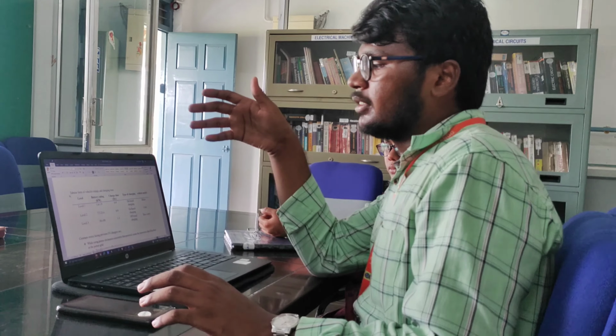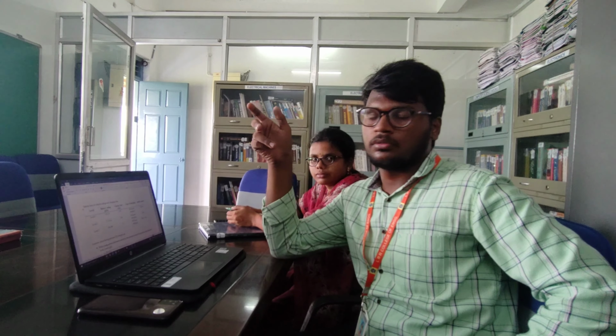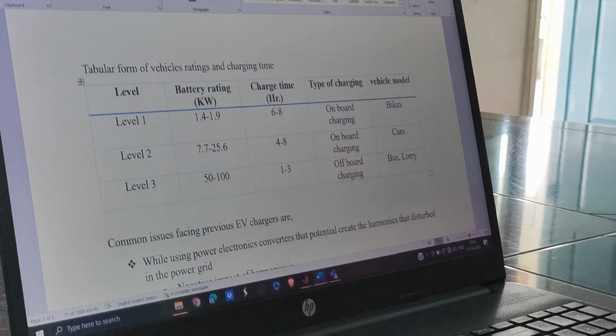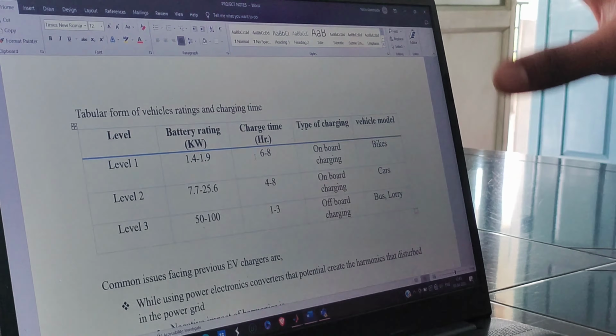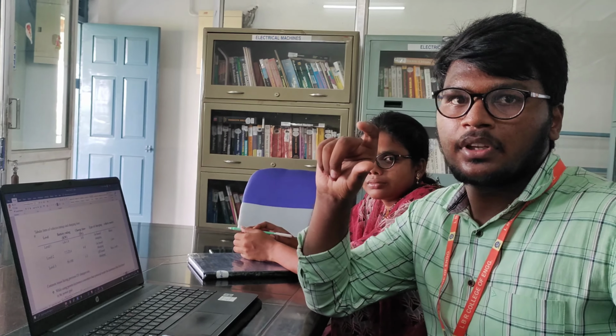For level 1 we use 1.4 to 1.9 kilowatts, level 2 is 7.7 to 25 to 26 kilowatts, and level 3 is 50 to 100 kilowatts. How much time does it take to charge the batteries? First one takes 6 to 8 hours, because single phase charging takes much more time.